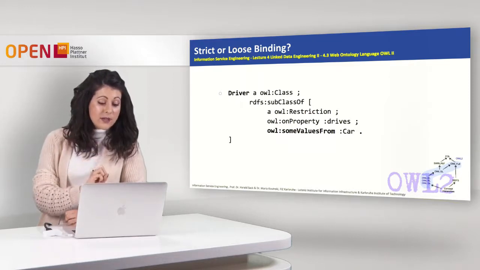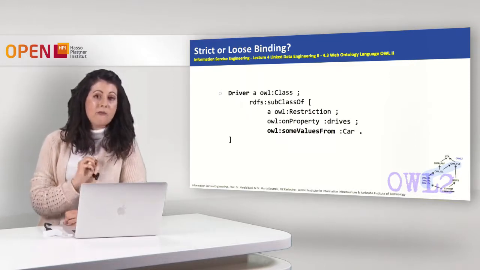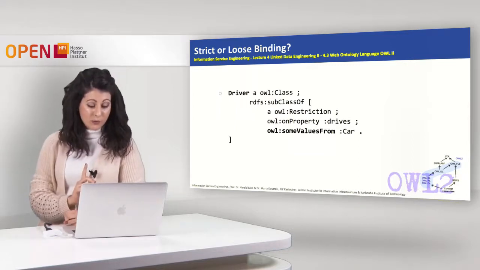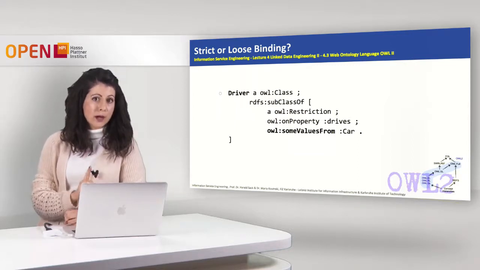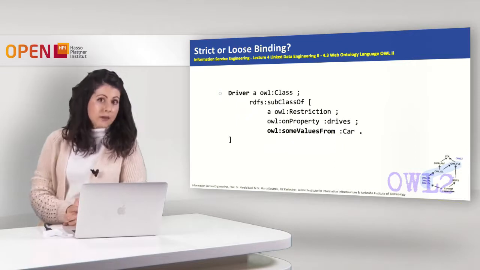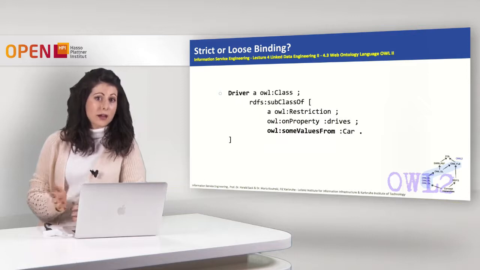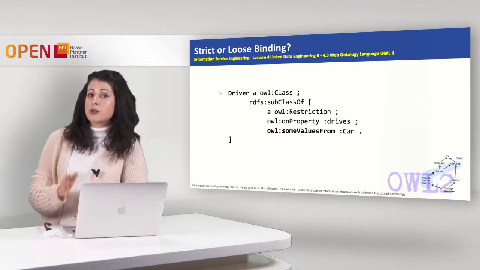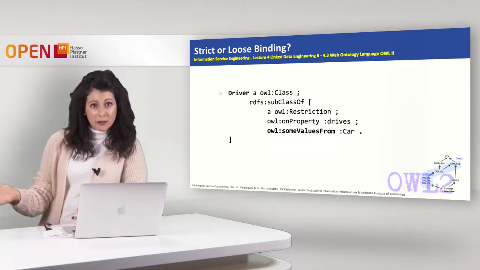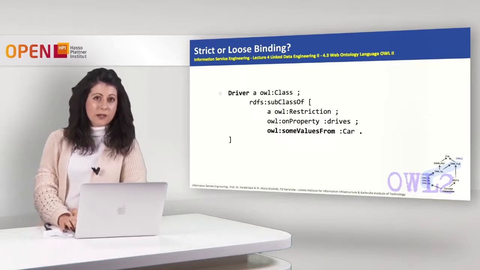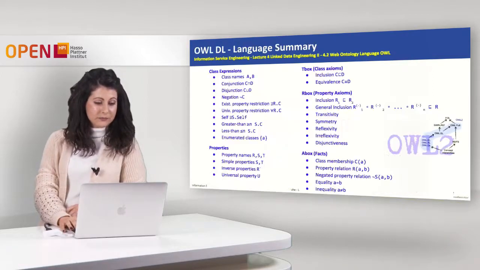And then comes the property all some values from, and not all values from. So it's already a sign that we have a loose binding, some values from car. So for us, a driver is somebody who drives a car, but not only a car. The same person can also drive a bike. That doesn't matter. Still is a driver for us according to this definition.